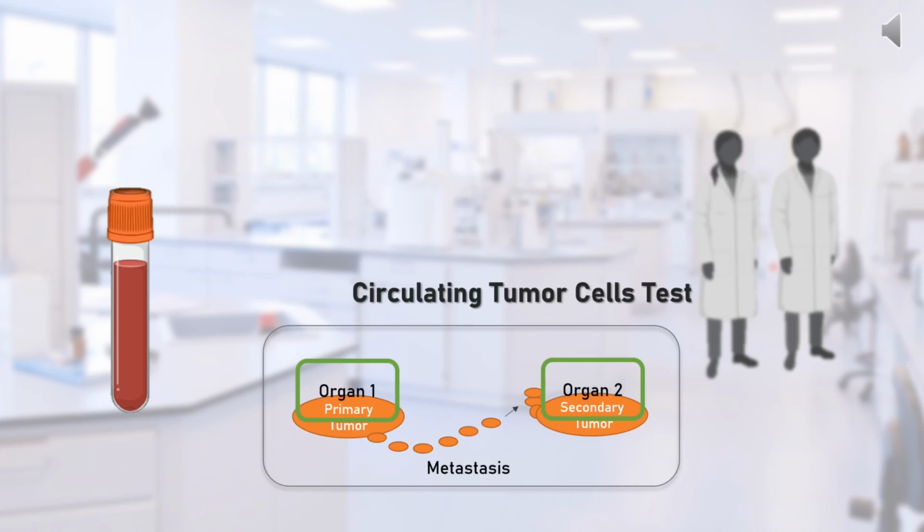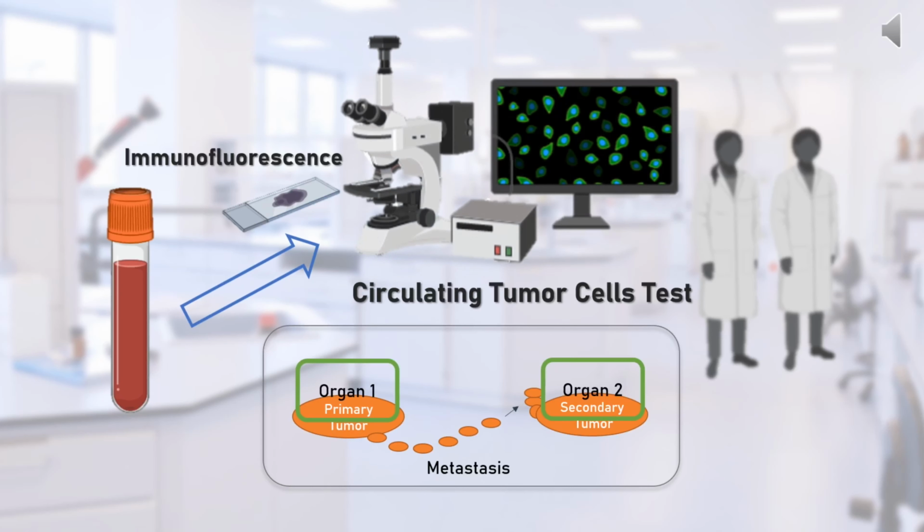Such tests mostly use the principle of immunofluorescence, where an antigen found on the surface or in the transmembrane space of any tumor cell is detected using an antibody specific to that antigen, with a fluorescent tag attached to the antibody, which can be detected using a set of filters that can detect the light emitted by the fluorophore using a microscope. So far, only one such test has been approved by the US FDA for monitoring of certain types of cancer.